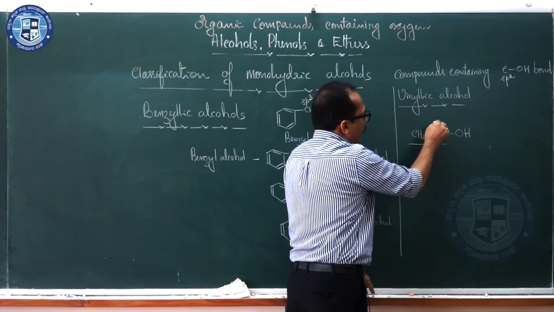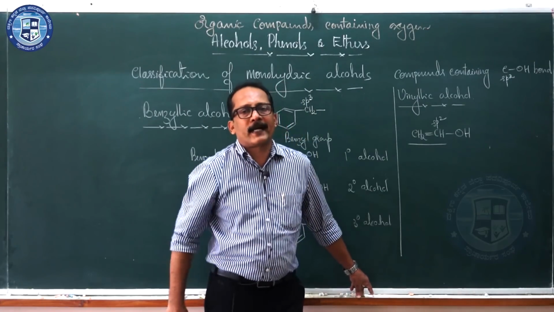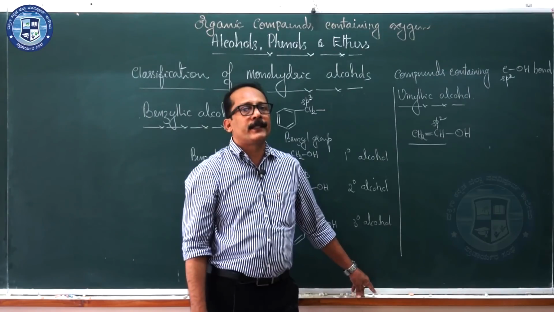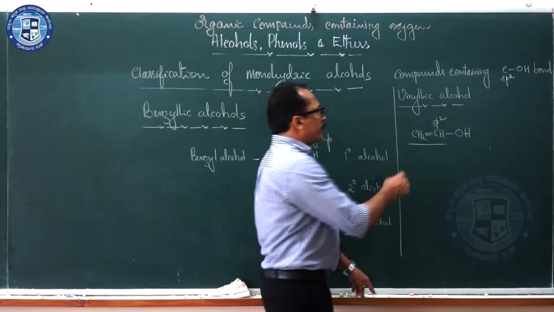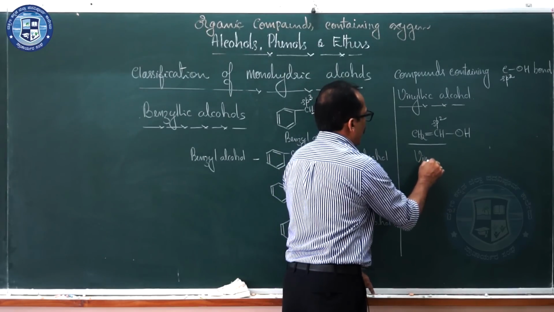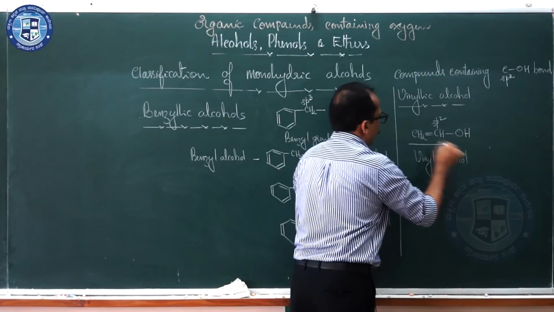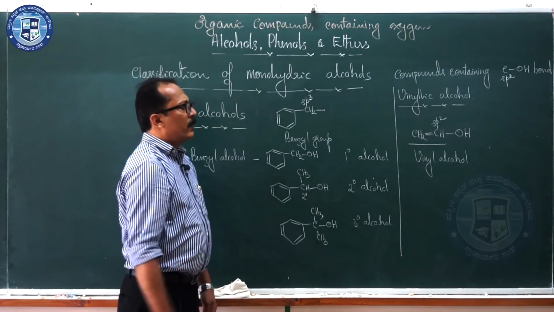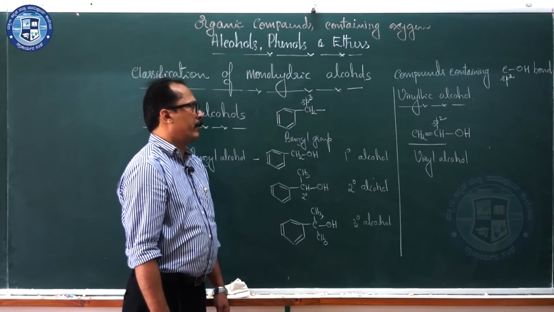Hybridized state of this carbon atom is sp2, where OH group is attached to sp2 hybridized carbon. So, name of this compound is vinyl alcohol. IUPAC name we will discuss later.